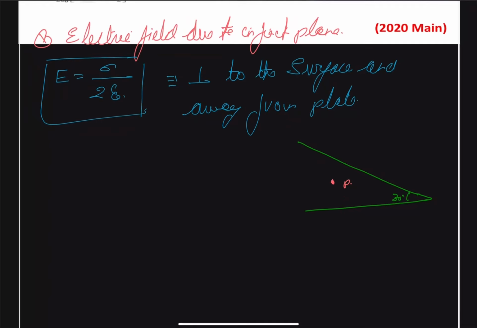This is plus sigma and this is also plus sigma, and let us assume this is our sheet 1 and this is our sheet 2. Like I said, the field is perpendicular to the surface. So for sheet 2 it will be perpendicular in this way and the direction will be away.